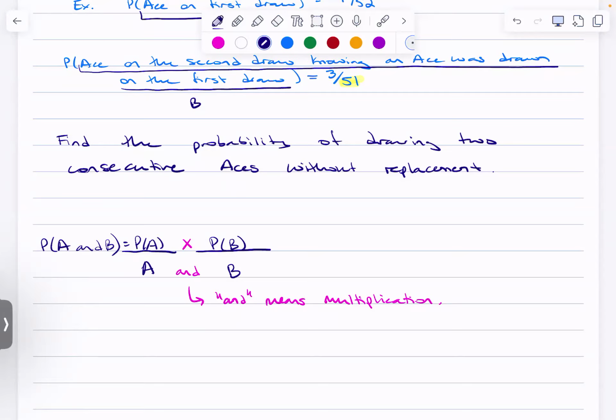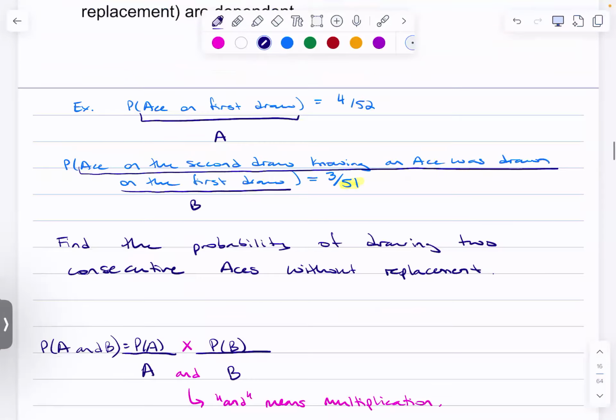What's one thing to be aware of? How I found this second probability, this is called a conditional probability, which is what we'll deal with on Thursday, so it felt like close enough. We'll introduce it here, but we'll talk more about it on Thursday. But really what we have is the probability of an ace on the second draw given, right, but knowing, given that an ace was drawn on the first draw, right?